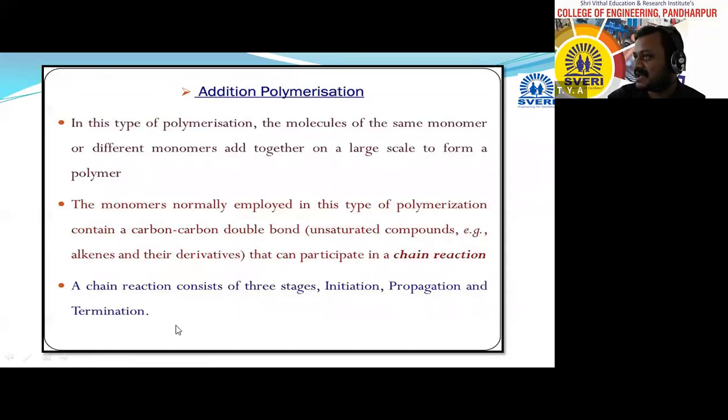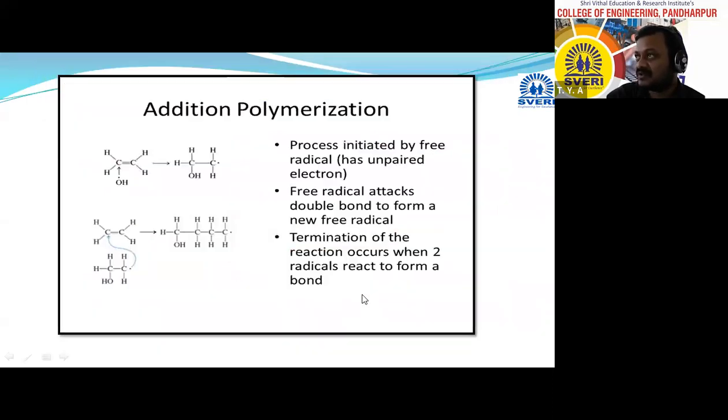Generally, 3 steps or 3 stages are there. First stage is initiation, second is propagation, and then termination. Okay, so I will explain it with the help of a diagram. The first stage is the initiation process.